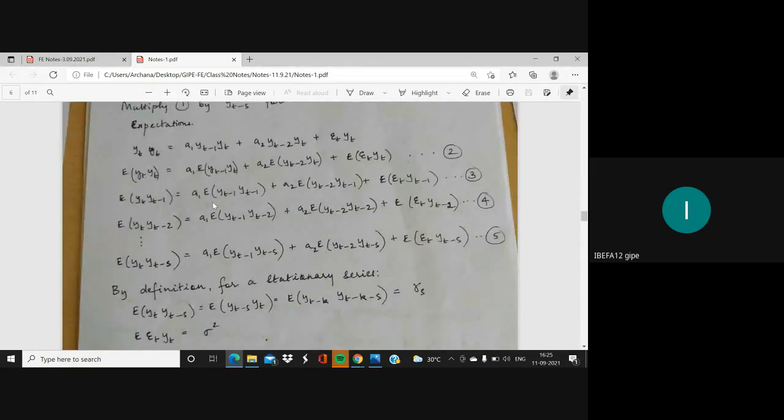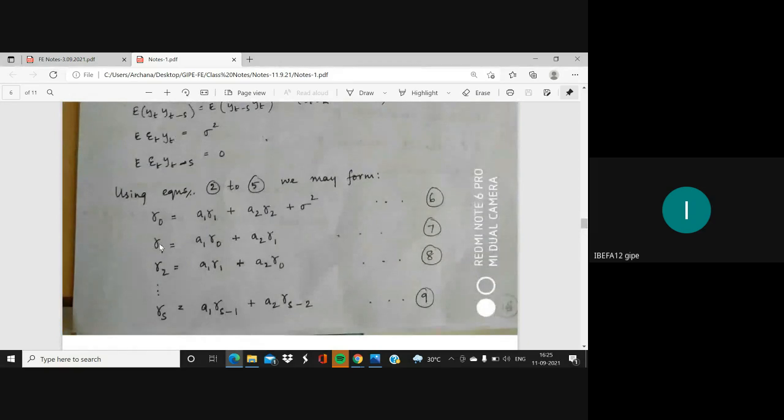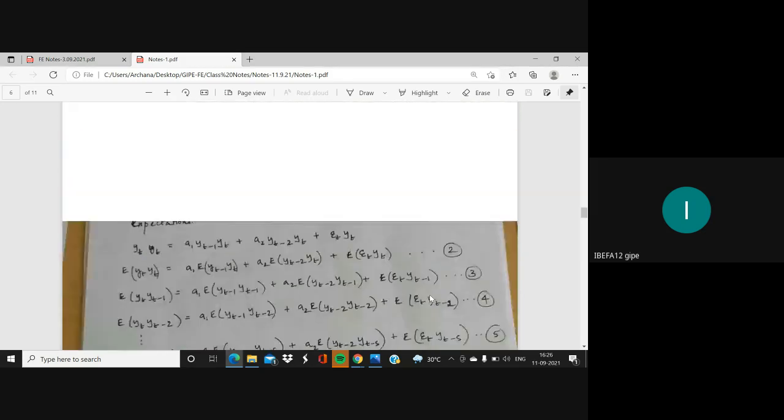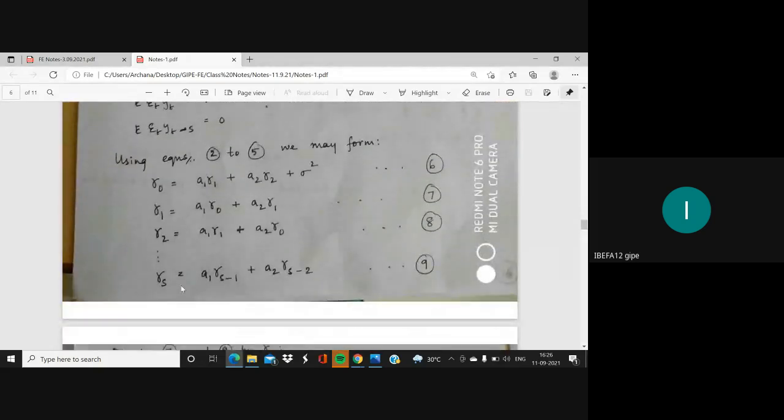If you just take a look at equation 7, here you will get gamma 1, here you will get gamma 0, here you will get gamma 1 again, and this will be 0. So gamma 1, gamma 0, gamma 1, this is just what I discussed. The same way for each of these equations, using all these Yule-Walker equations, you can write the general notation and find out what the autocovariances are.